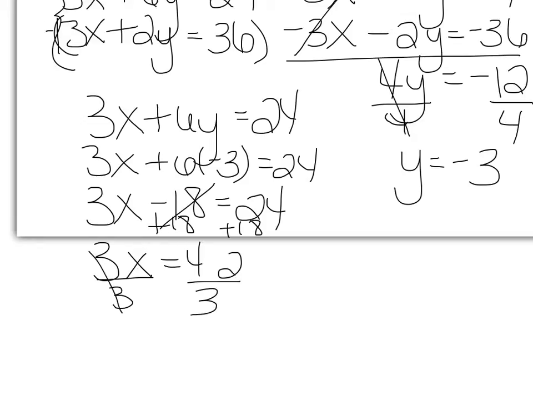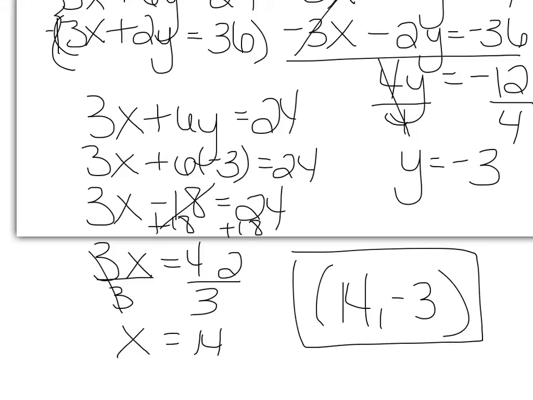Divide both sides by 3. x equals 14. So your ordered pair is 14, negative 3. Okay?